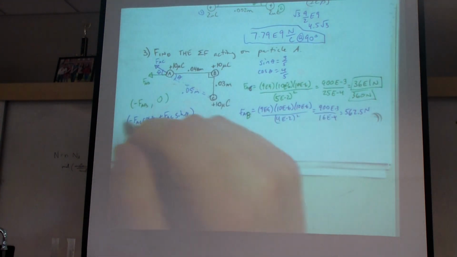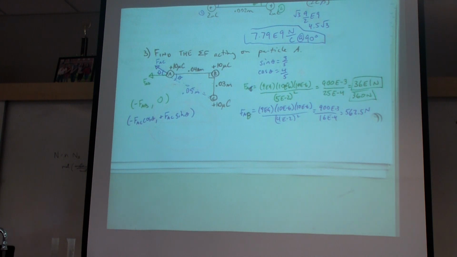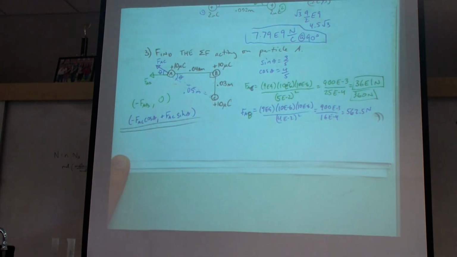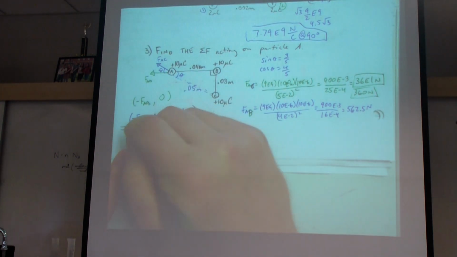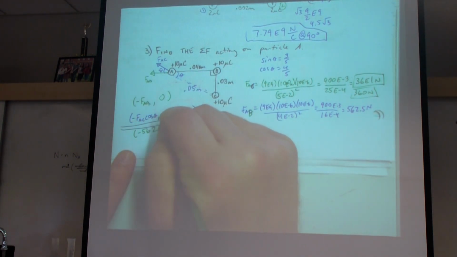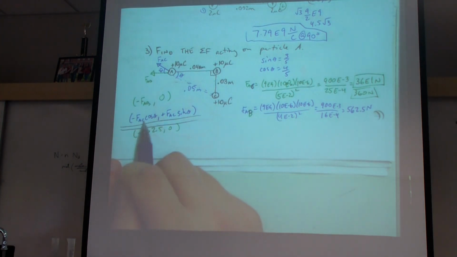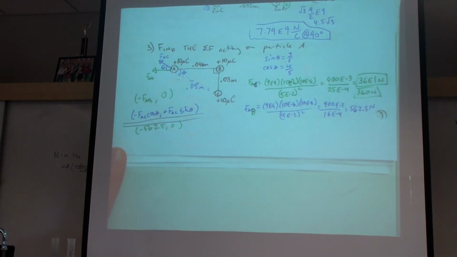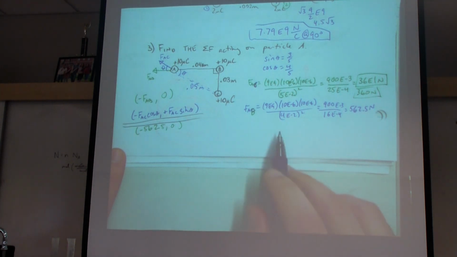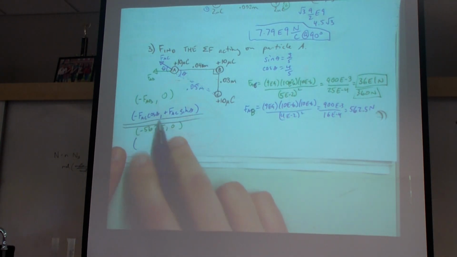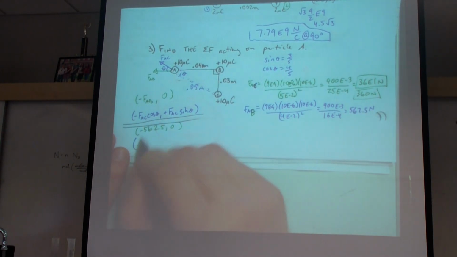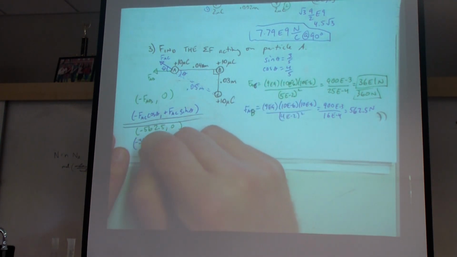Yeah, now let's just rewrite this whole thing here. So FAB becomes negative 562.5, comma 0. And then for FAC, see how I changed it? Well, I've wasted way too much time. FAC cosine theta, so FAC is 360. Negative 360 times 4/5.